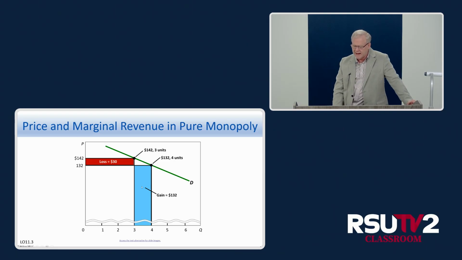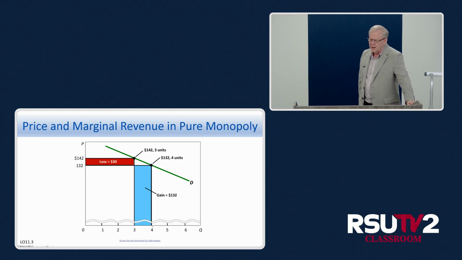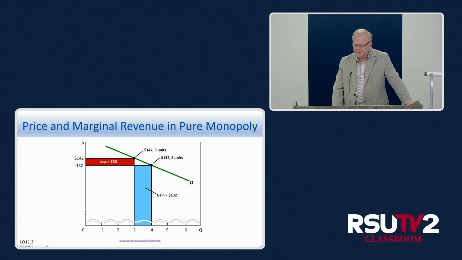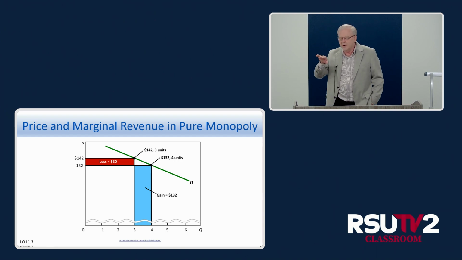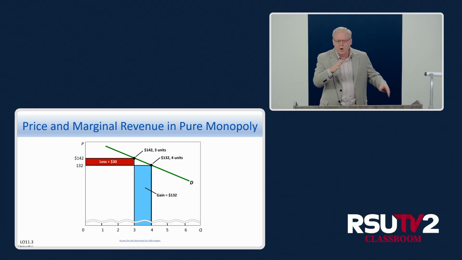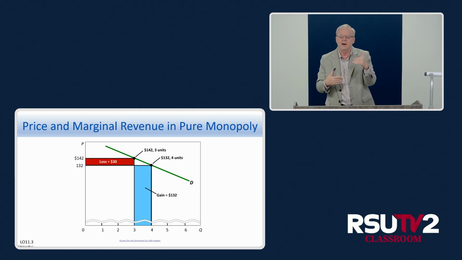It's not just gain. Marginal revenue is not so easy to compute for a monopolist because you offset a portion of the gain with some loss. They have to lower their price. So for a monopolist to sell one additional unit in any period of time, they have to lower their price a little bit.